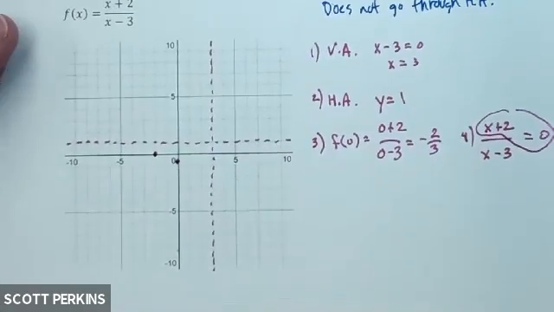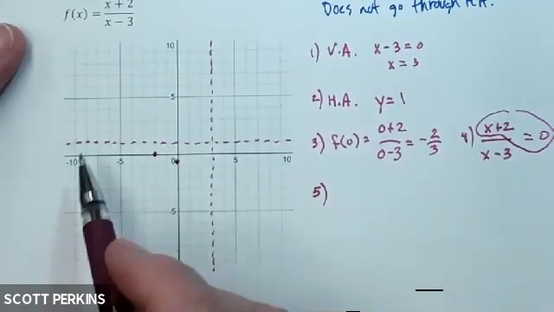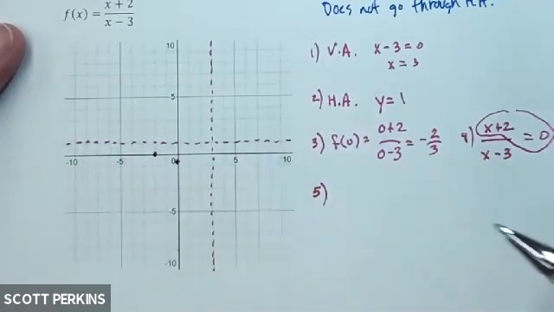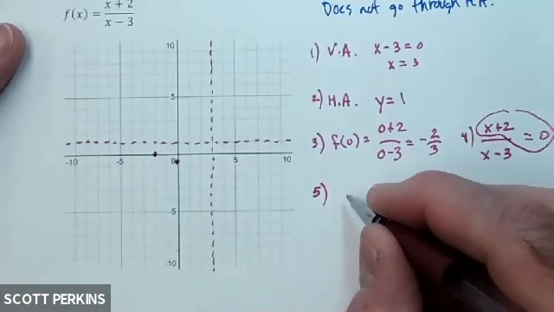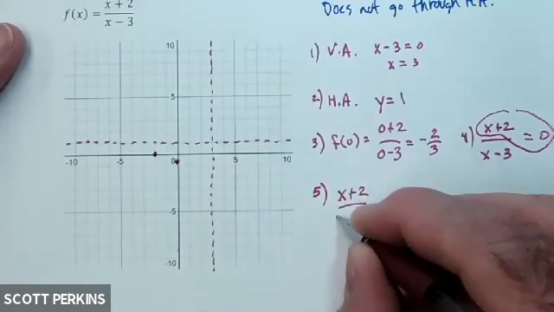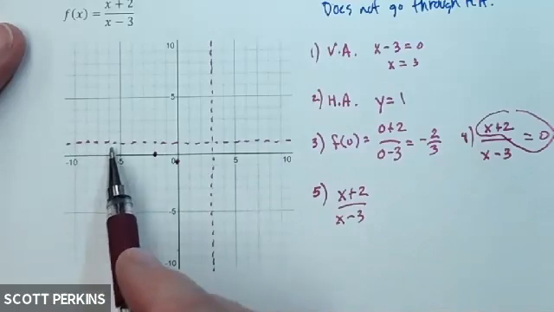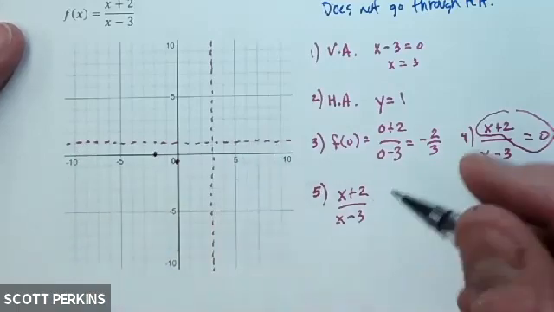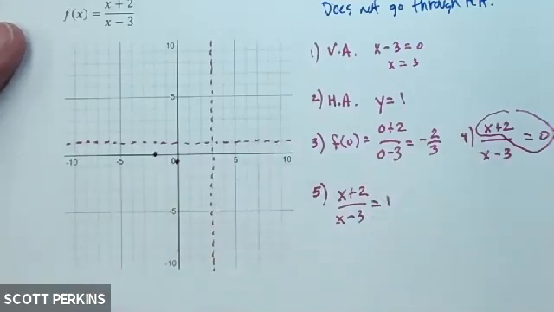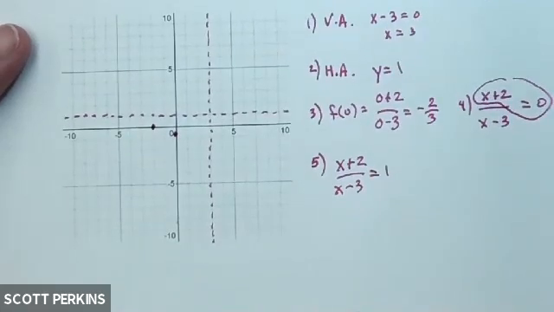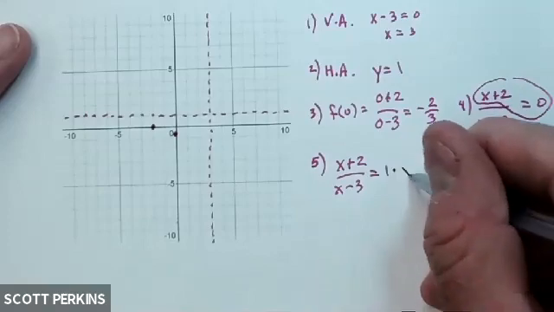I do have one more question to answer, and that is, does the graph go through this dotted line? So does it? What I'm going to do is take the x plus 2 over x minus 3 and set it to the y value of the dotted line, which is 1. We're going to see the same thing here that we saw in the example that I did. We're going to clear the fraction by multiplying both sides by x minus 3.